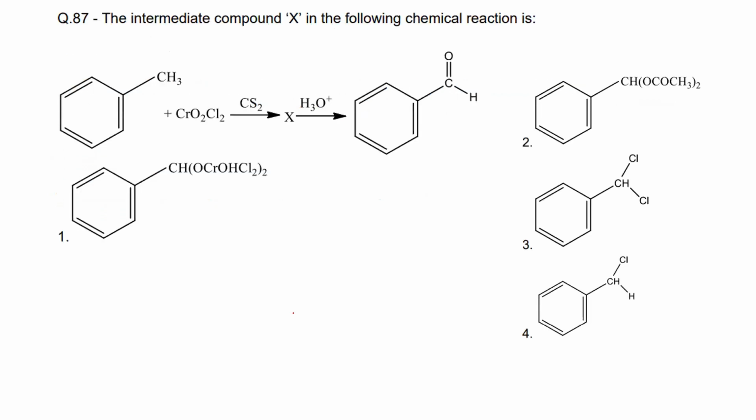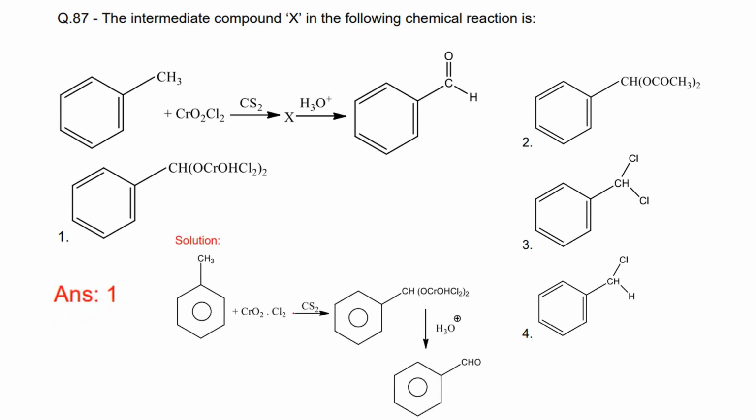Next, question number 87. The intermediate compound X in the following chemical reaction is: chromyl chloride, CrO2Cl2, we are adding in CS2, carbon disulfide. So the first one will be our correct answer, because the mechanism you can write in this way.